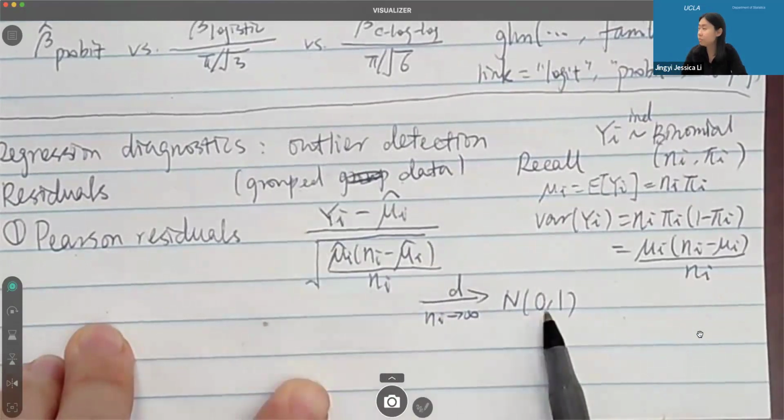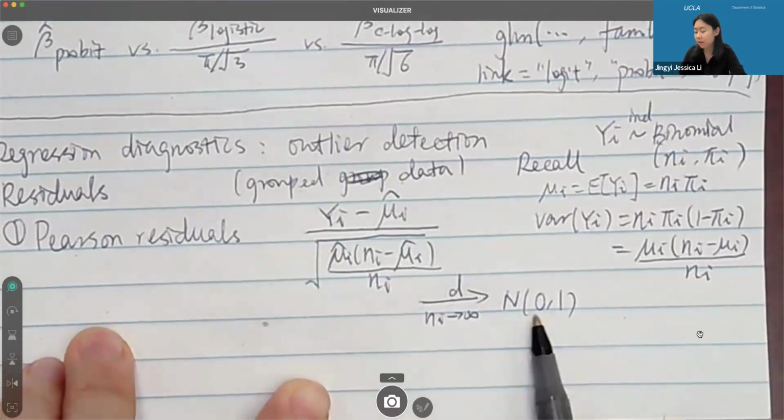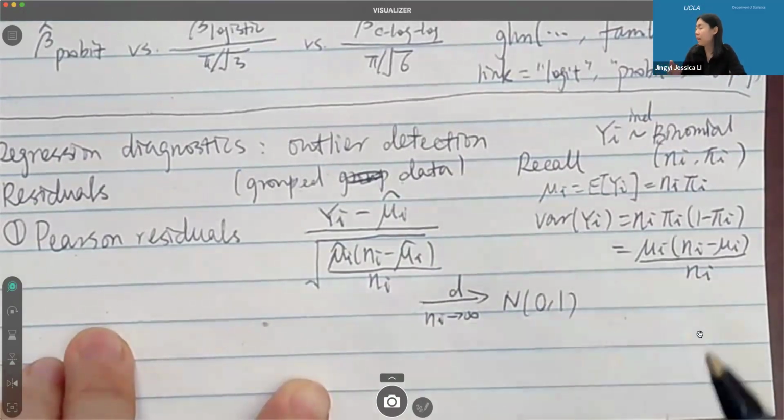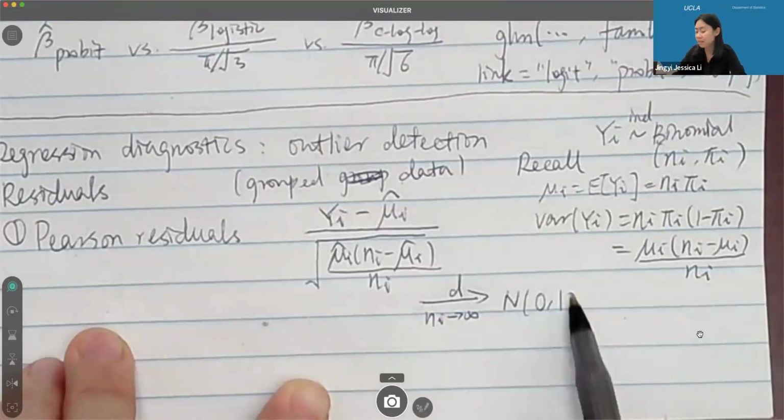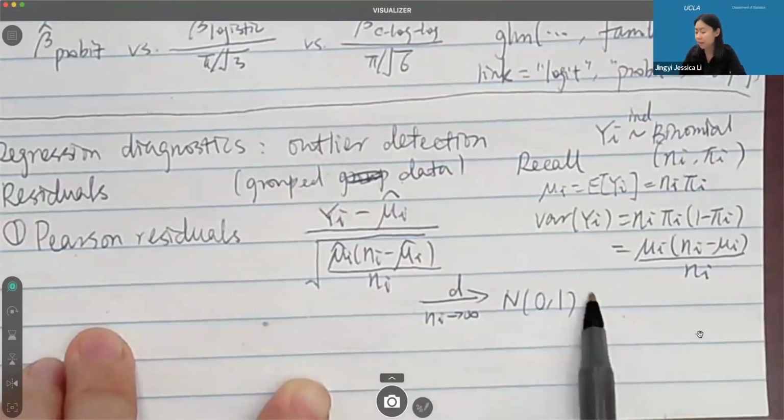Because for the standard normal distribution, we know that there is a 95% chance the values are between -2 and +2, or more exactly, -1.96 to 1.96. That's the 95% interval, covering the center 95%.